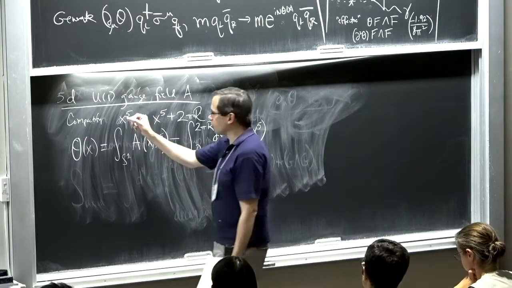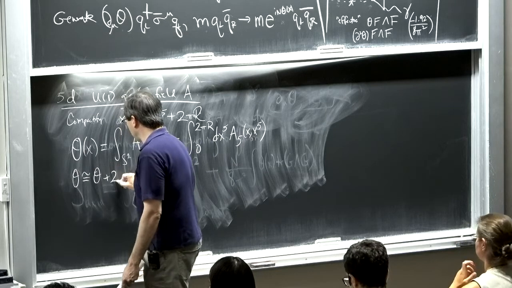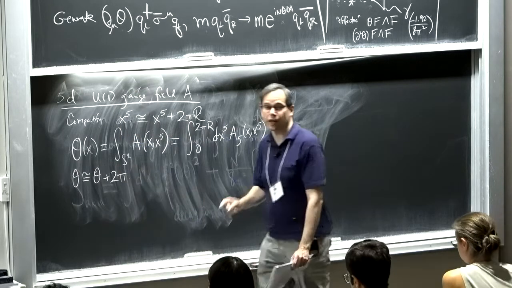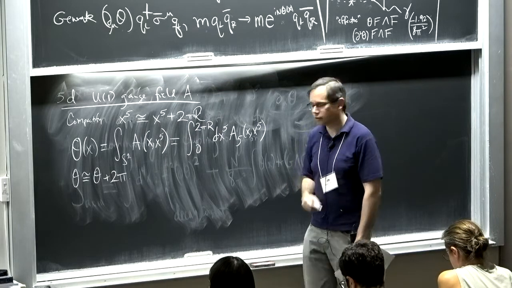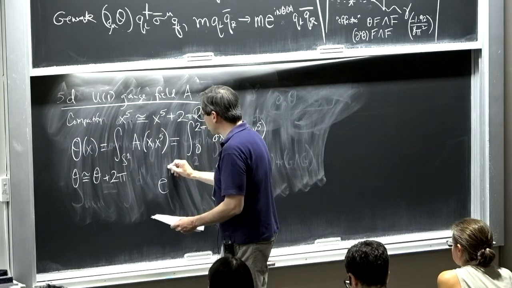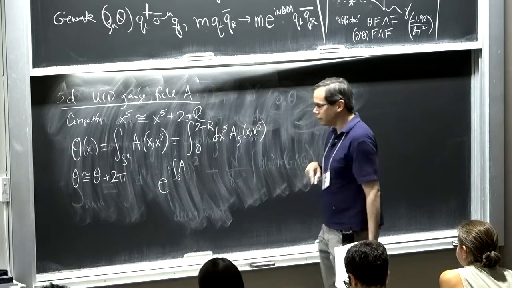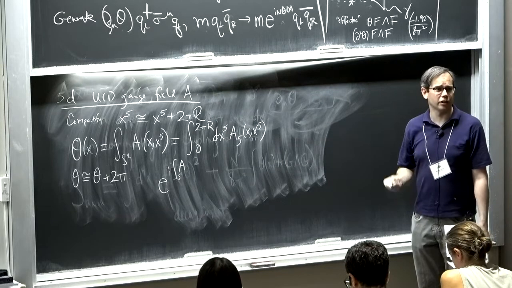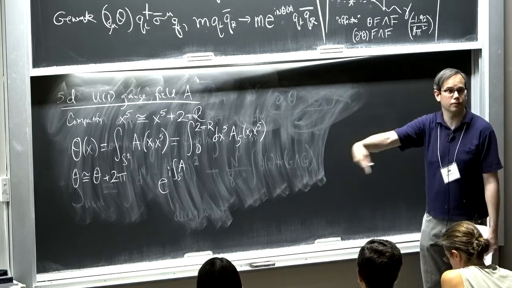That defines a periodic 4D field. So I will automatically get a 4D field that has this gauge redundancy where theta is the same as theta plus 2 pi. Why is that? Well, we already saw that e to the i integral of A around a circle is a well-defined thing. That's our Wilson loop. Here I'm just taking that circle to be the extra dimension.